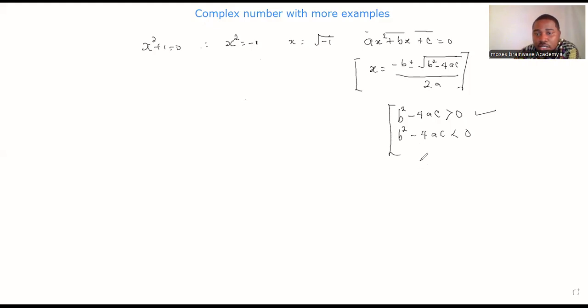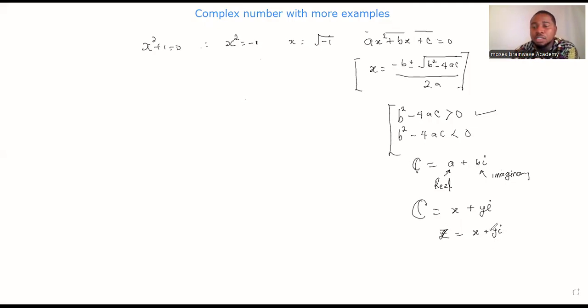Now, if you recall, we say that the complex number is of the form a plus bi. This is the real part, and this part is what we call the imaginary part. You can always see it also as x plus yi, or as z, which is just a plus ib, or x plus yi.